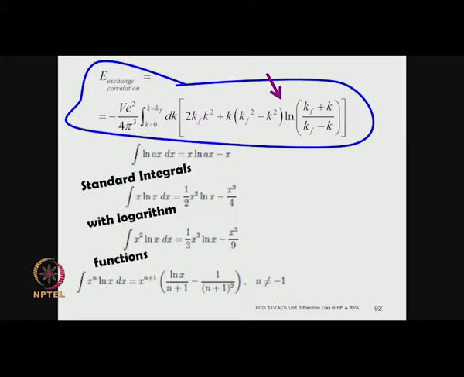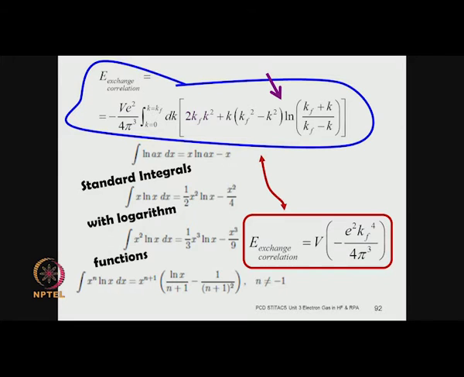There are these standard integrals having logarithmic functions, and you can refer to these tables or you can work it out a priori by hand, and you will get the result, which is the exchange correlation term turns out to be this total volume in which you have box normalized all those electrons, and then you have minus e square k to the 4 by 4 pi cube. So this is the result of this integration.